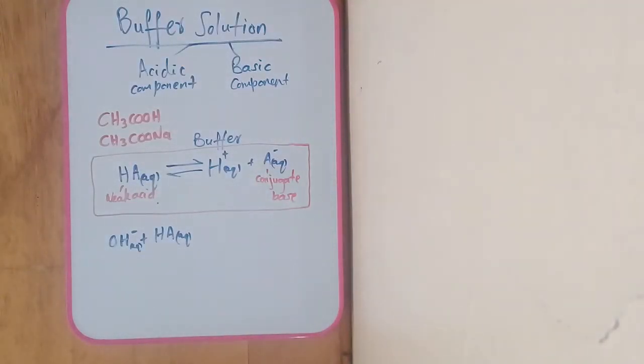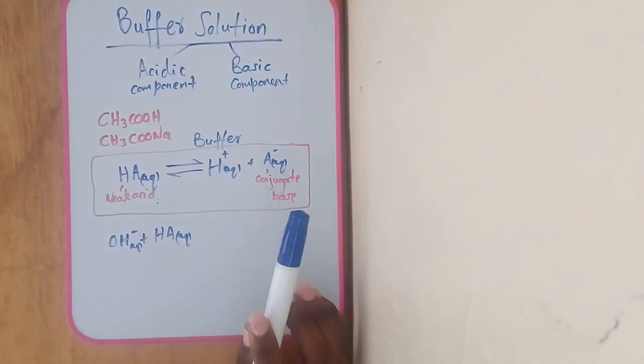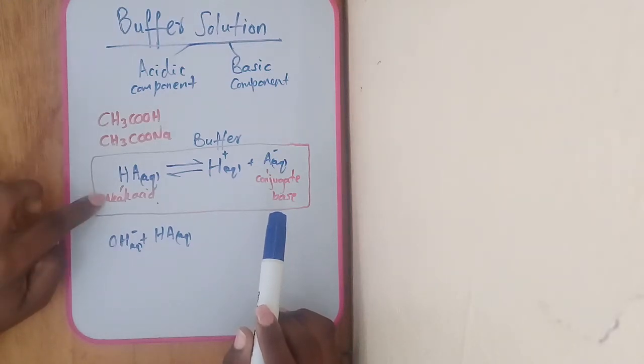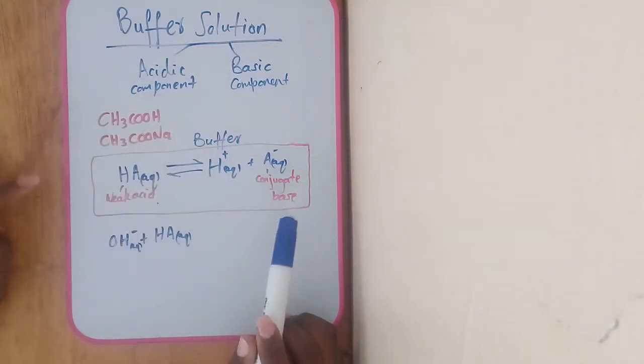Okay, so when you add small amounts of OH minus to your solution, it will react with the acidic component of the buffer. This is the buffer, right?